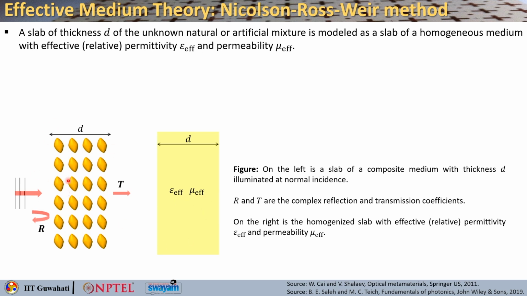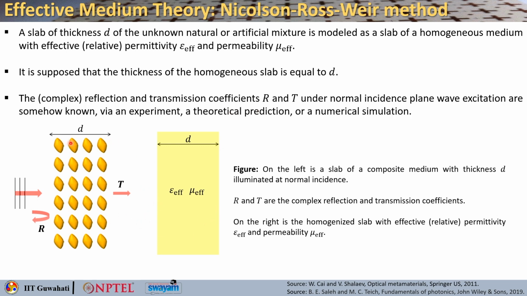Here you can see the actual medium is basically a composite medium, and then there is a wave falling on this medium and you have the reflectance and the transmittance, right. Now, you are mapping these properties of transmittance and reflectance and trying to guess what would be the effective permittivity and permeability, which could have given you that kind of reflectance and transmittance.